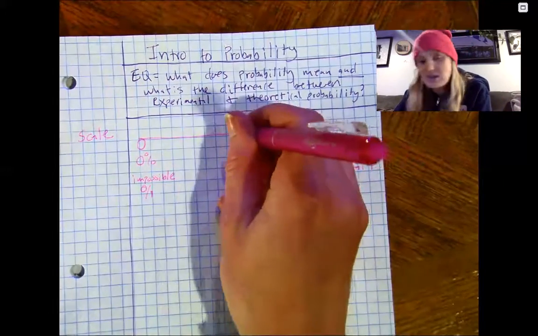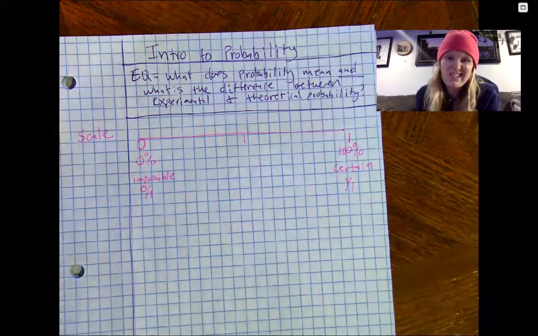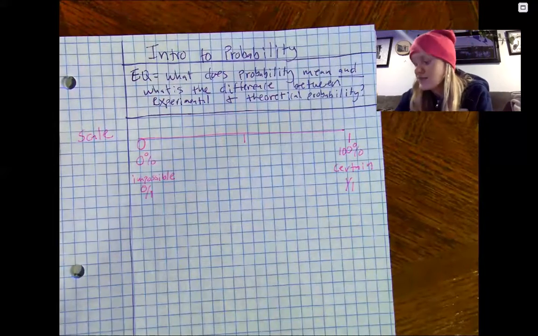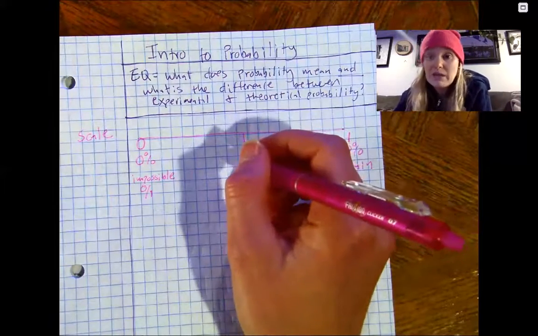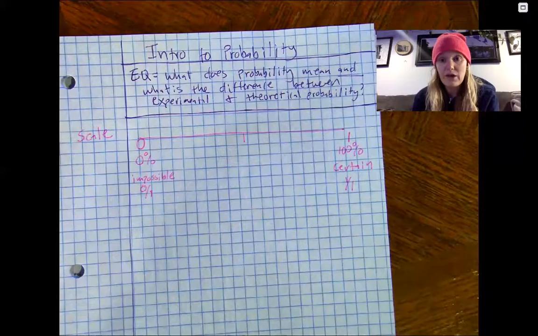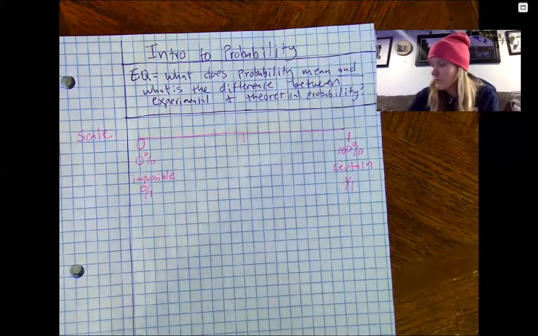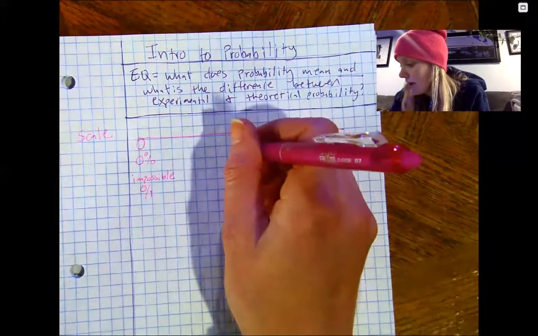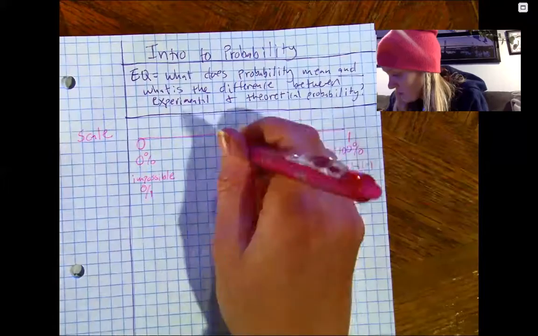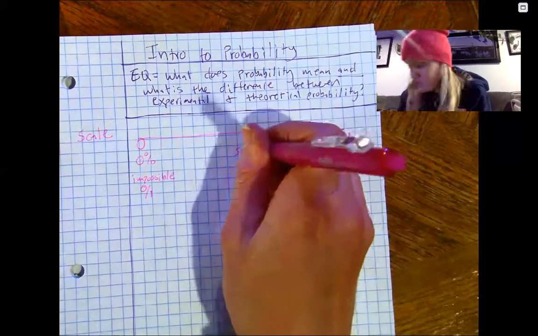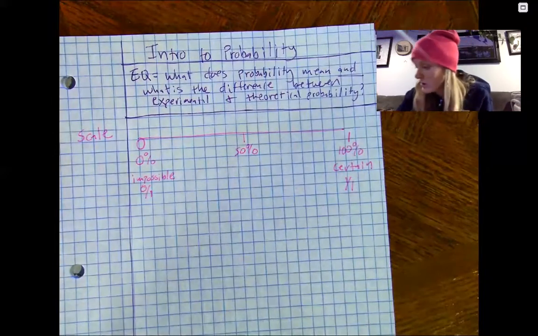Now, in the middle of that spectrum, and spectrum is another word for scale, are things that are equally likely and equally unlikely. It's kind of like 50-50, so we are going to call that a 50% chance, equally likely.